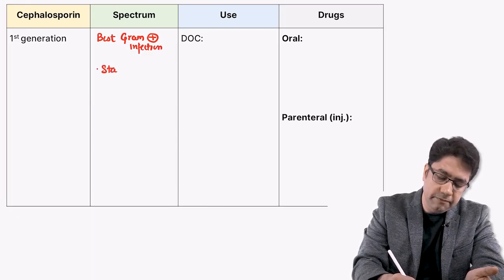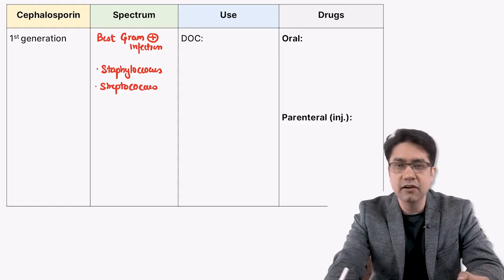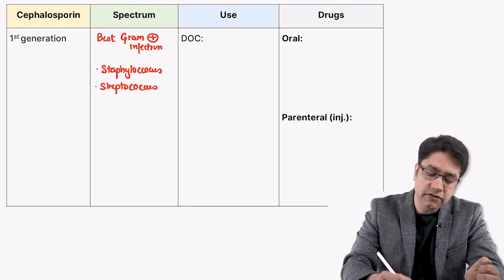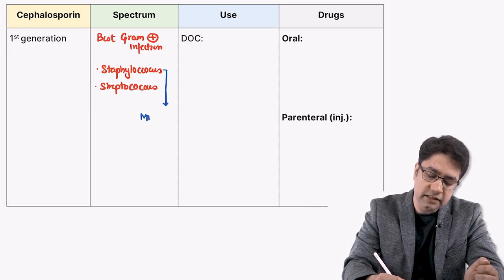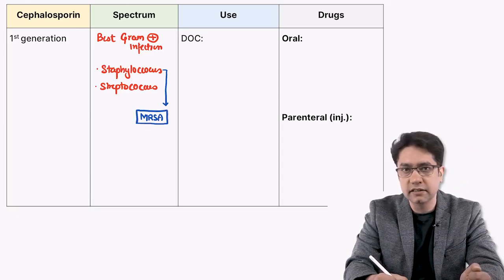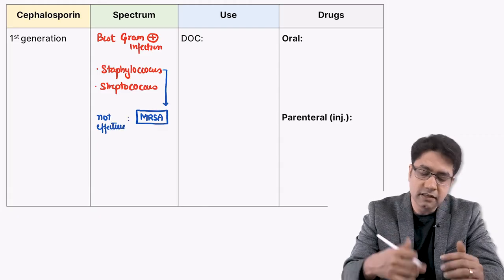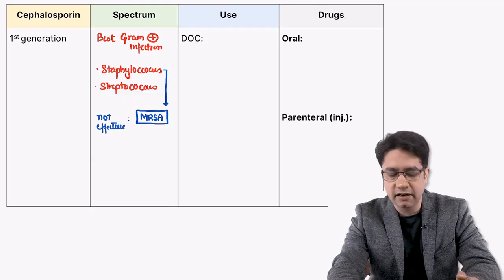Staphylococcus is a gram-positive bacteria, and Streptococcus is also gram-positive, so they are given to kill Staphylococcus and Streptococcus. But remember, there is one strain of Staphylococcus known as MRSA, methicillin-resistant Staphylococcus aureus, which we discussed previously. In MRSA they are not effective, but against all other strains of Staphylococcus, yes, they are effective.